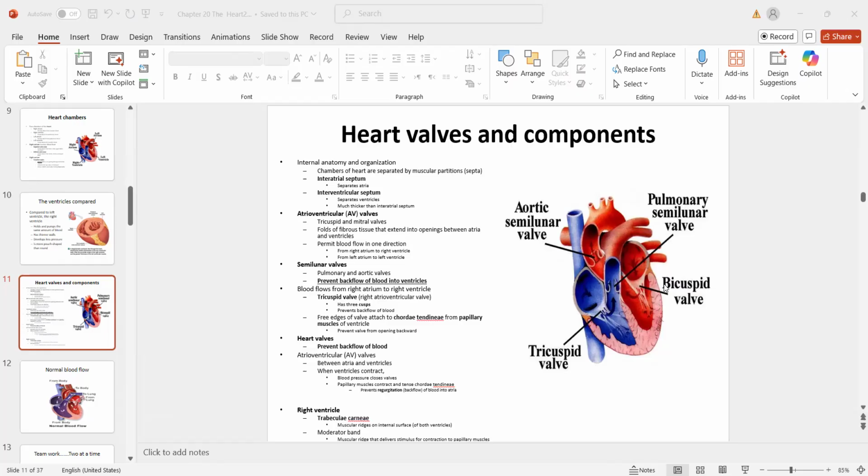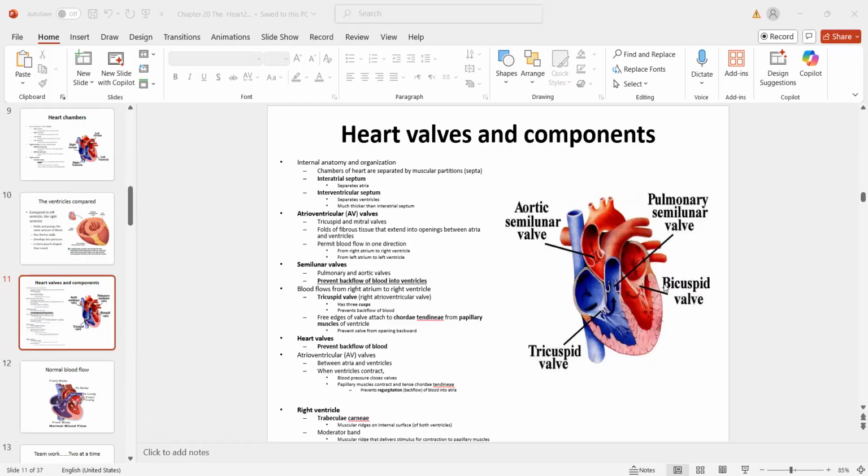These valves permit blood to flow only in one direction, from the atria to the ventricles. There are also two semilunar valves, pulmonary and aortic, between the ventricles and their great vessels, which ensure blood flows into these vessels.